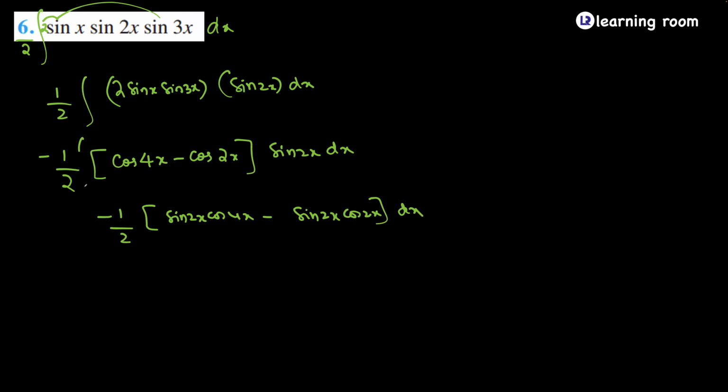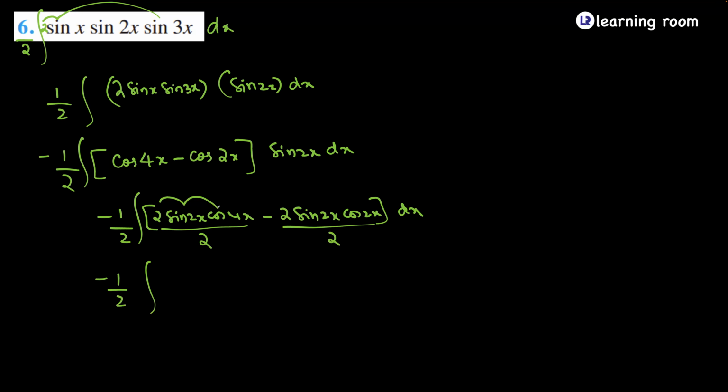Now the integral is there. What we are supposed to do is, for this, multiply and divide by 2, and for this, multiply and divide by 2. Am I clear with that? So, minus half into the integral of 2 sin 2x cos 4x. Sin into cos, what are you supposed to look at? The bigger angle.